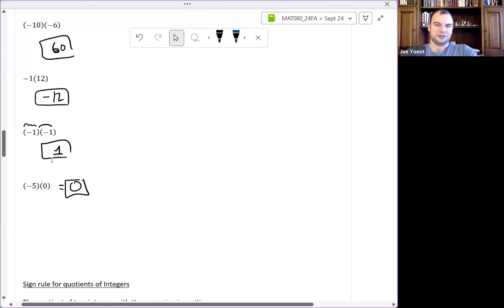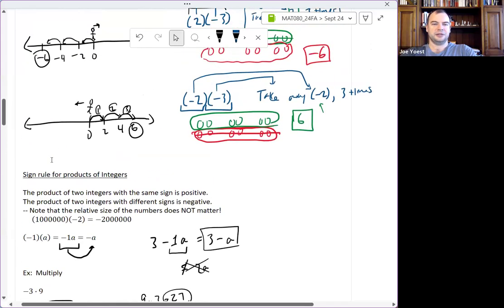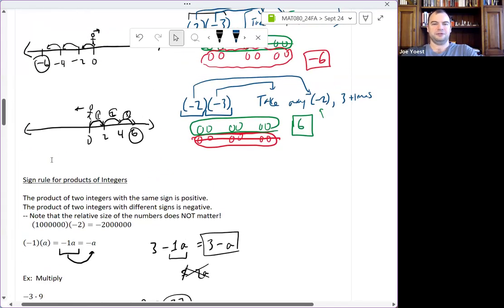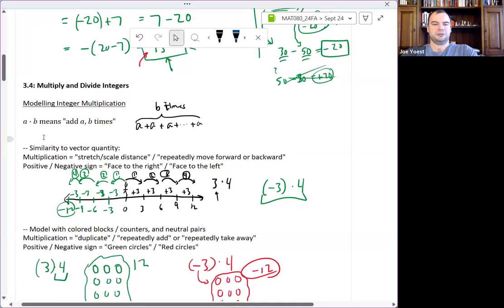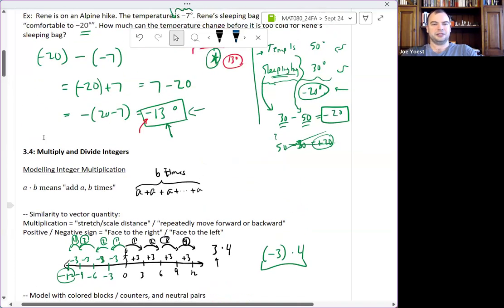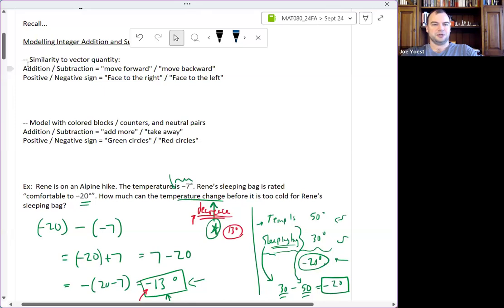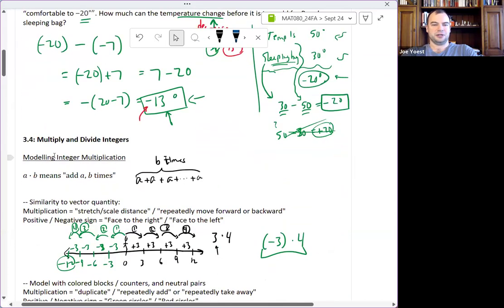So I think it's a little bit interesting that, at least from my point of view, in the first chapter or so, when we were talking about multiplication and all that, addition and subtraction were kind of the easier operations, and multiplication and division were kind of the harder operations.